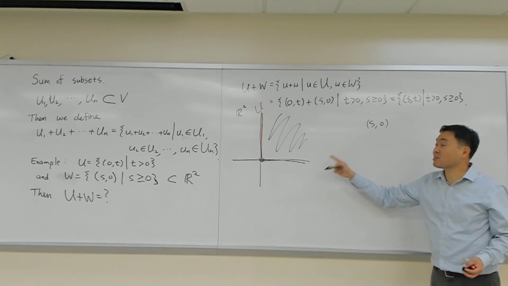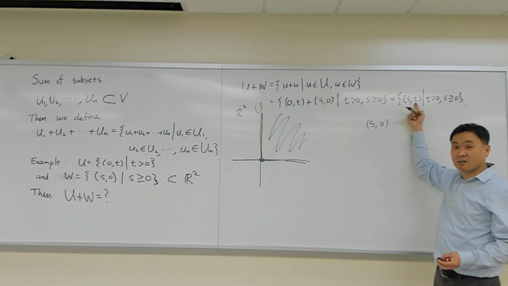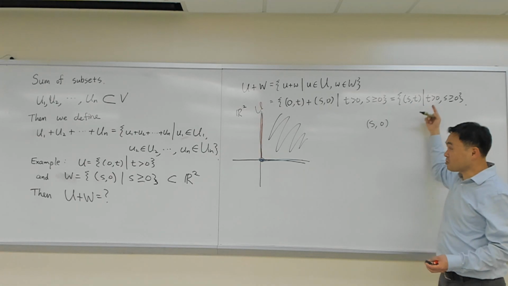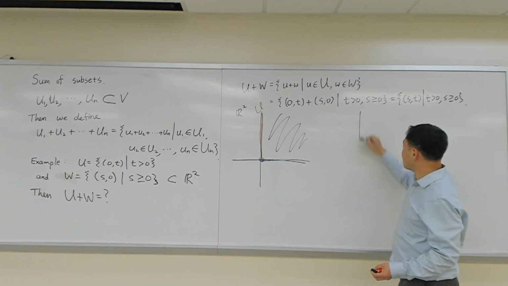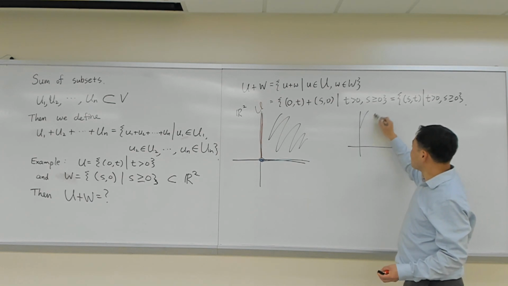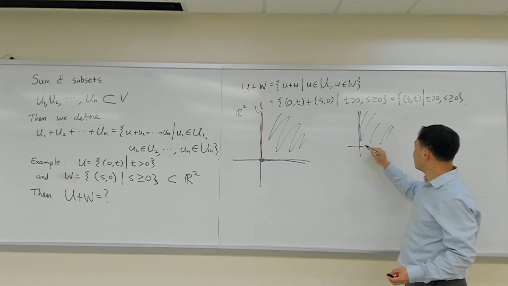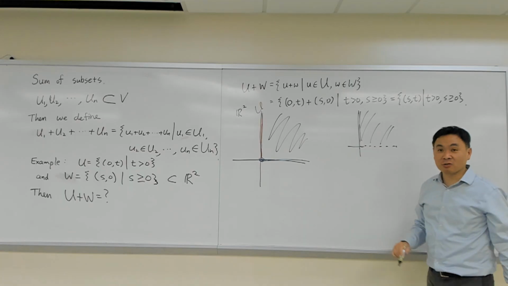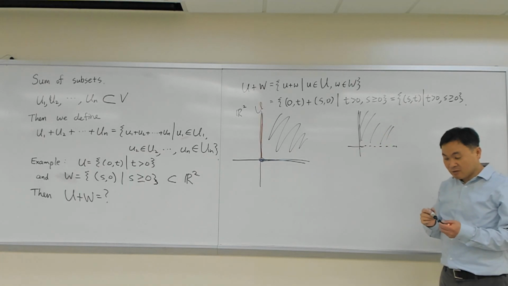To be on the x-axis, t has to be 0. Can t be 0? Oh. No, that's not allowed. t has to be strictly positive, so this is not allowed. So the resulting set includes the y-axis here, but the x-axis is not included. Okay? That's what you get as a summation.